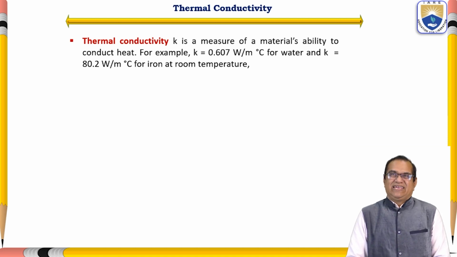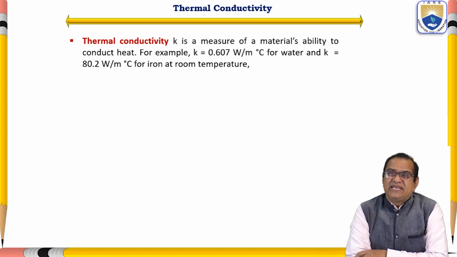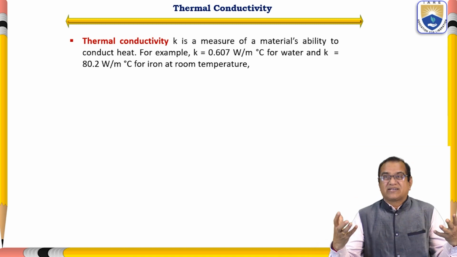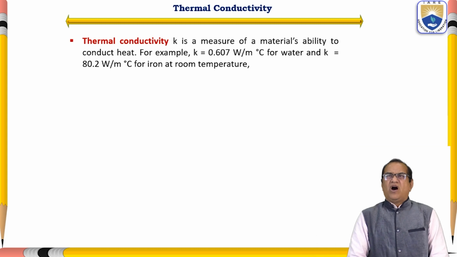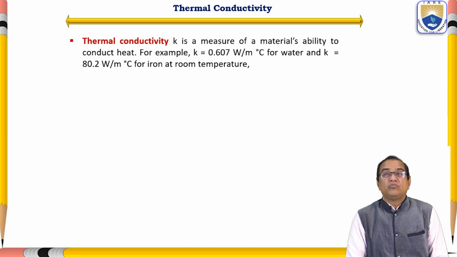So what is k? k is the thermal conductivity and is a measure of a material's ability to conduct heat, how smoothly it is able to conduct heat. For example, k is equal to 0.607 watt per meter degree centigrade for water and k is equal to 80.2 watt per meter degree centigrade for iron at room temperature.